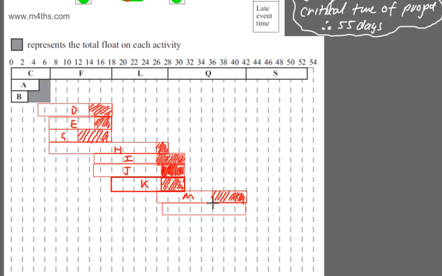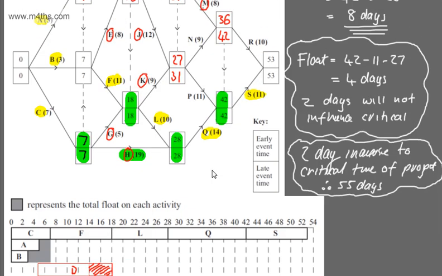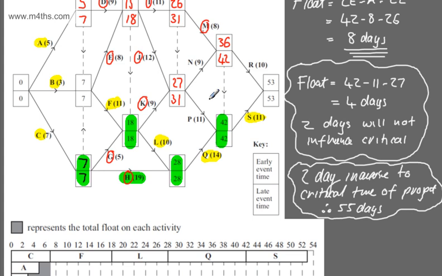And it'll look something like that. So let's do that one. And that is N. So N, clearly not part of critical path. Got a big old float on that one. So that is N. 27, let's just go ahead and check. 27, 36, 42, that's done. So N is done. We are left with P and R.